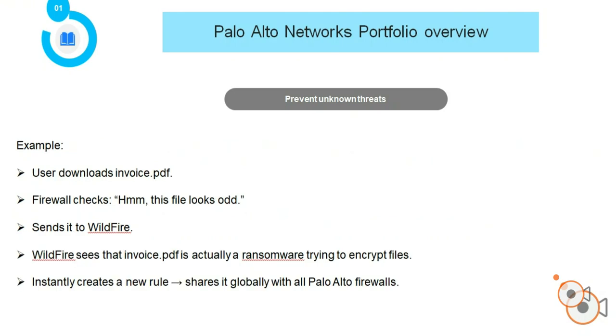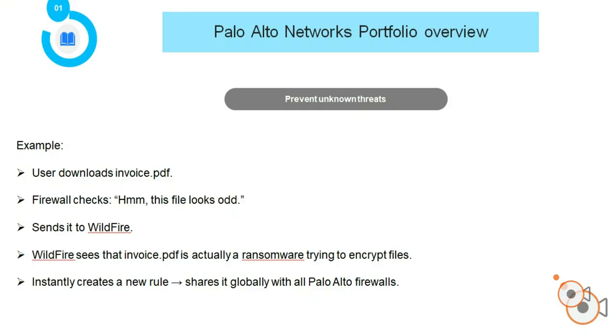And now we will see an example of how Palo Alto can detect and treat an unknown threat. The scenario is, imagine you are an employee who gets an email with an attachment called invoice.pdf. Then you download it thinking it is a legitimate bill. The firewall is always watching traffic and files passing through the network.